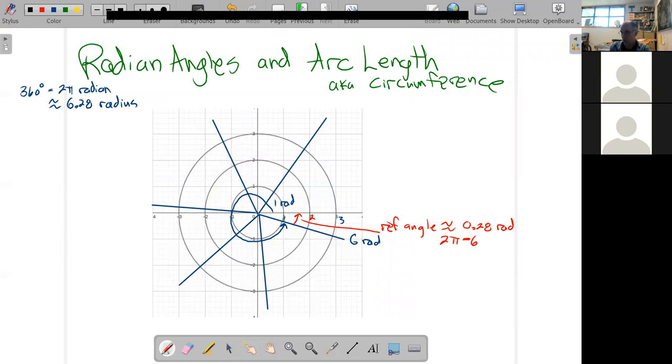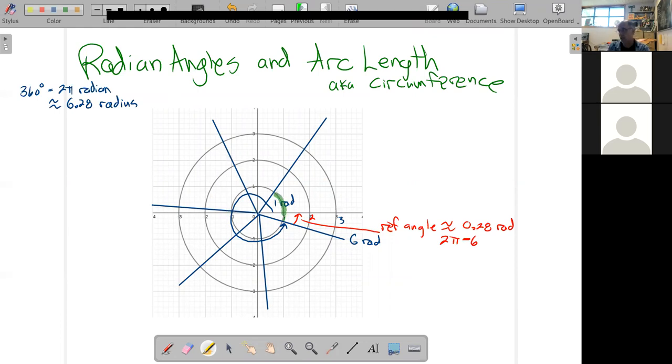Now, on the unit circle, 1 radian is exactly the same as 1 radius. So if I were walking on this circle and I covered a rotation of 1 radian, that means I've also gone 1 radius. So maybe the radius is in feet. I've just covered 1 foot there.